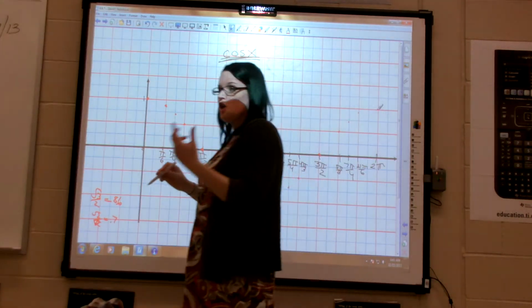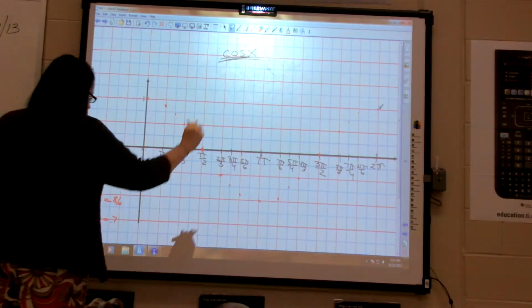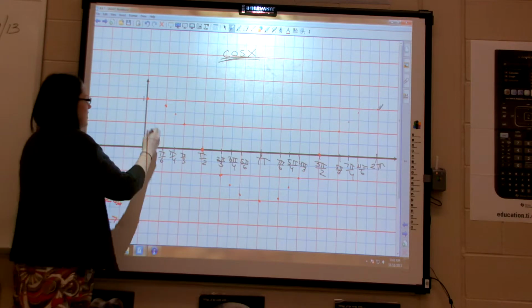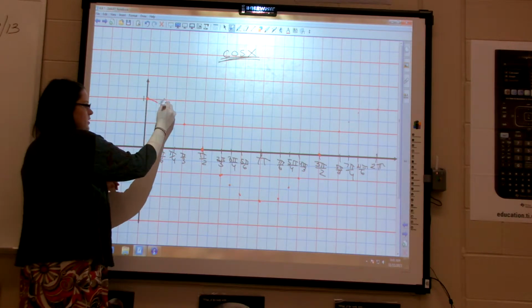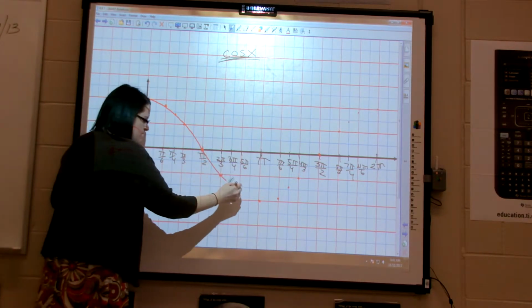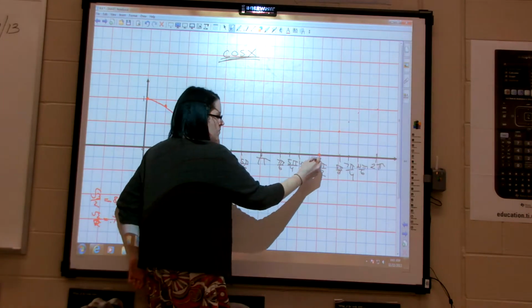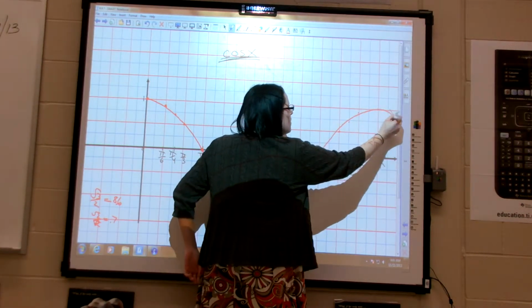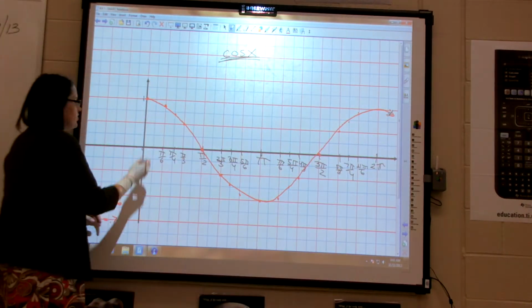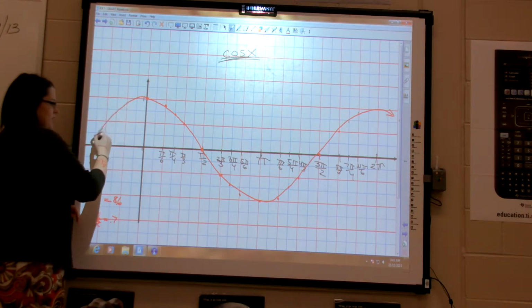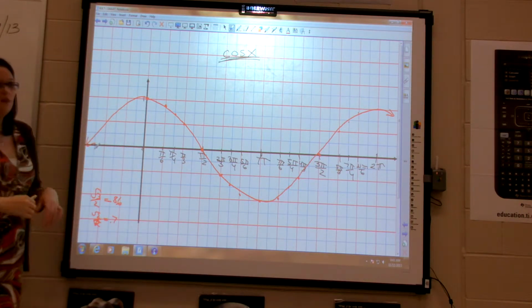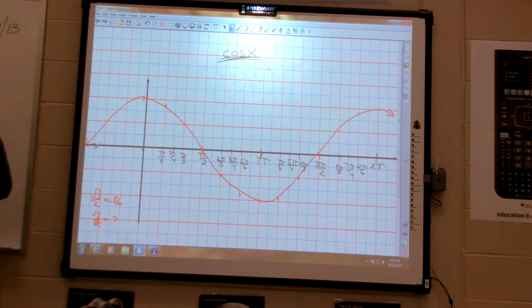Now, this is a curve. Do not try to connect the dots. Try to make it as curvy as possible. Now, in the negative direction, it's going to do the exact same thing. It's symmetrical.